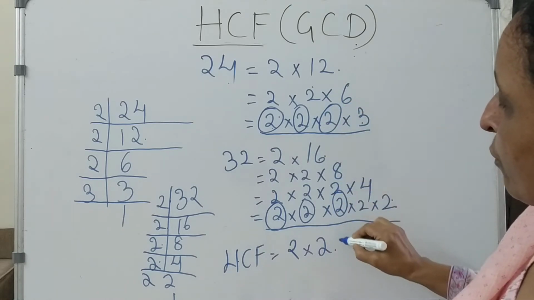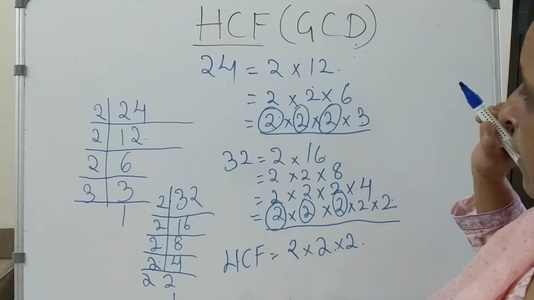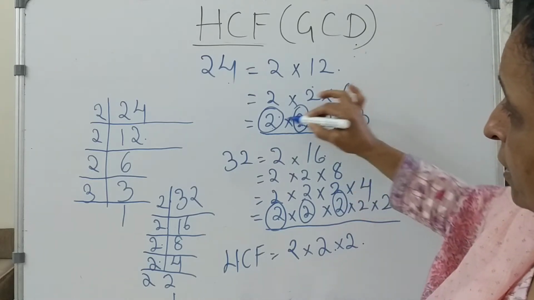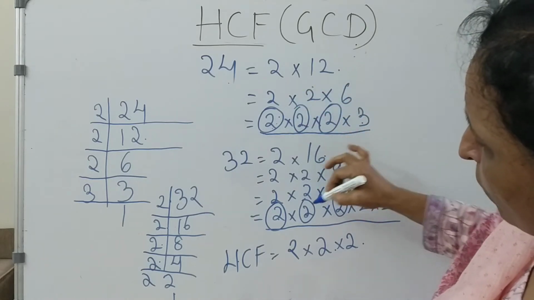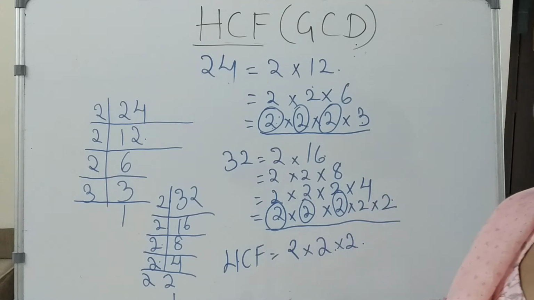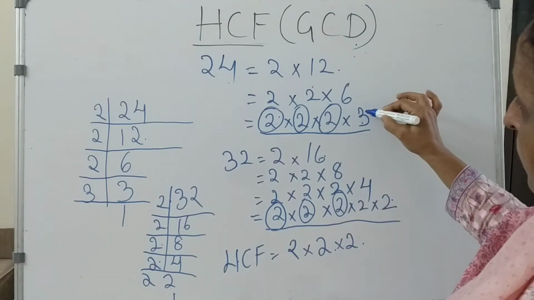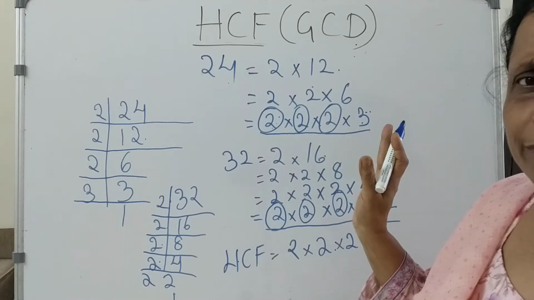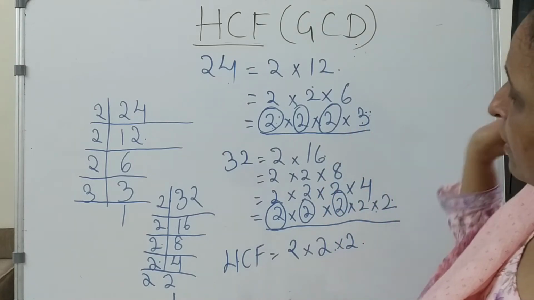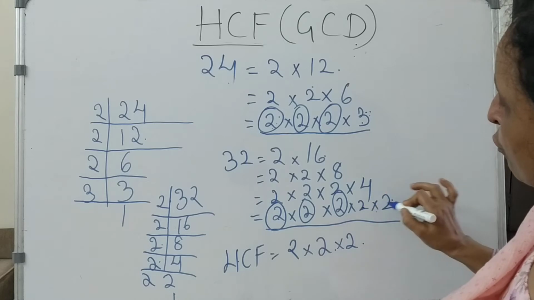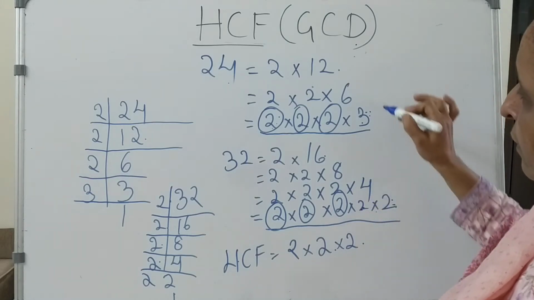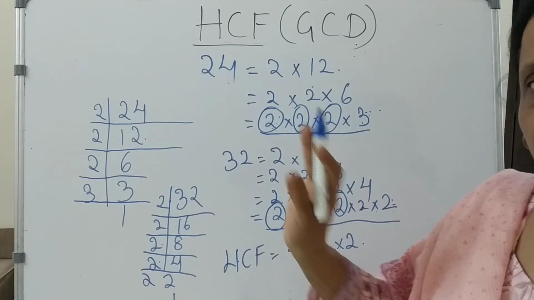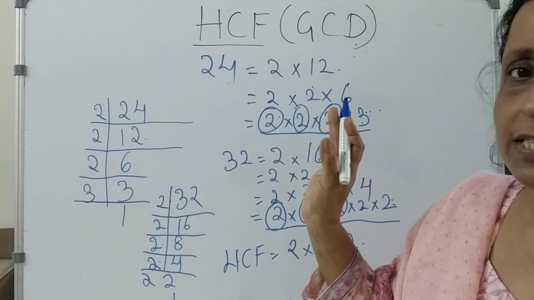Yes, this 2 is common. So all these numbers which are common are written down. Now is 3 present here? No. So this is not a common factor. So 3 is not there. These 2 and 2, they are not here, so they are not included in HCF.